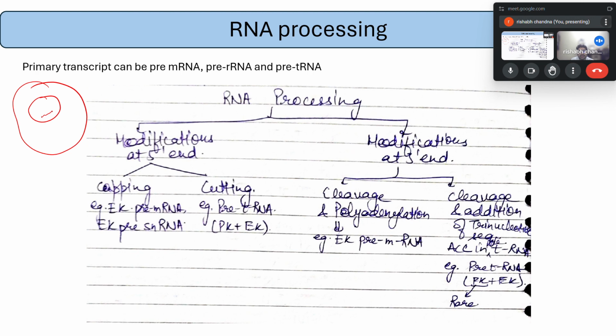Here the RNA is formed. Protein synthesis occurs in the cytoplasm, so this RNA needs to be transported to the cytoplasm, but the RNases present in the cell are active and can degrade this RNA.